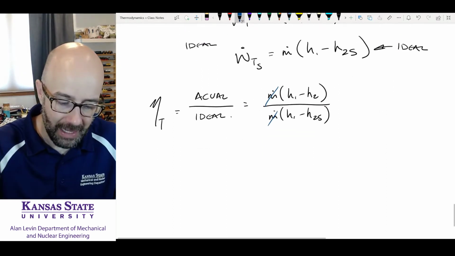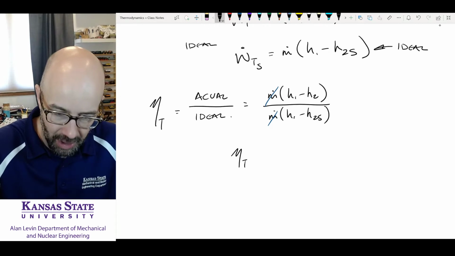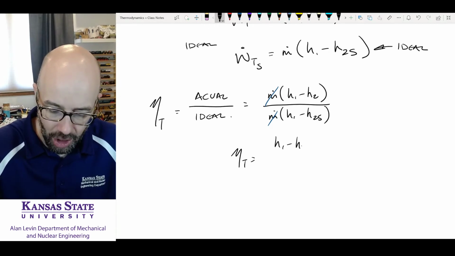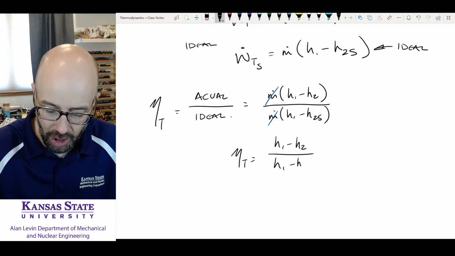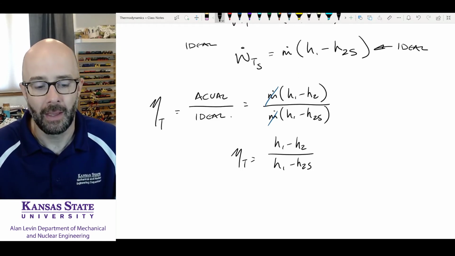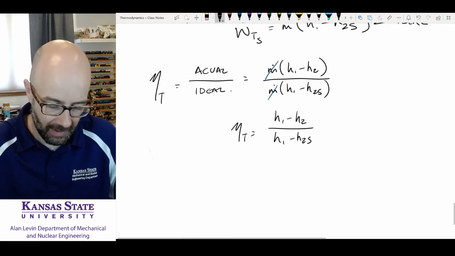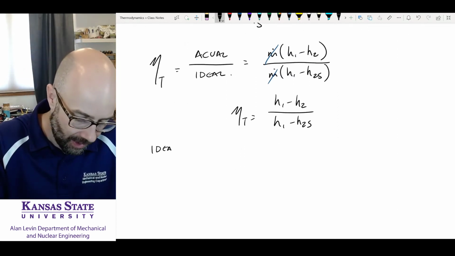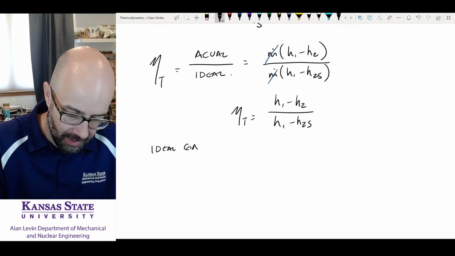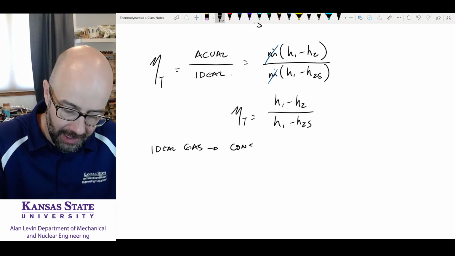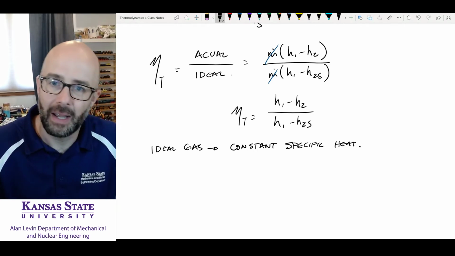And we're left with that the isentropic efficiency of a turbine is equal to H1 minus H2 all over H1 minus H2S. If we were dealing with ideal gases with constant specific heats, what will we find there?